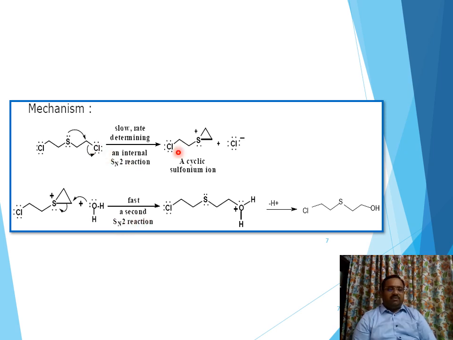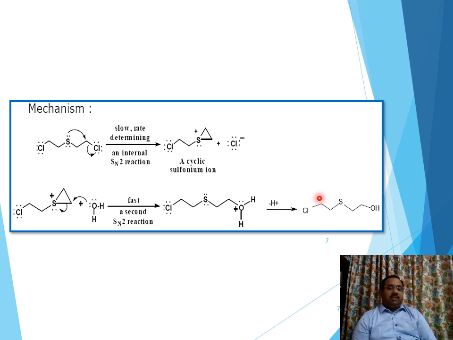Because the first SN2 has already taken place in the first step. This is fast because it is a three-membered cyclic sulfonium ion, a three-membered ring bearing positive charge, with a highly strained structure. So even a weak nucleophile can facilitate this reaction, and you get the product very fast.